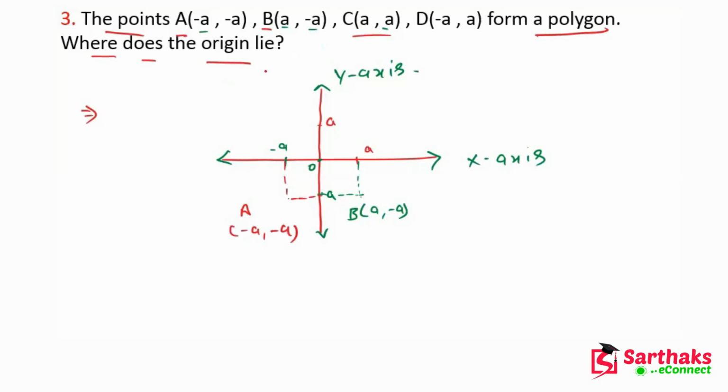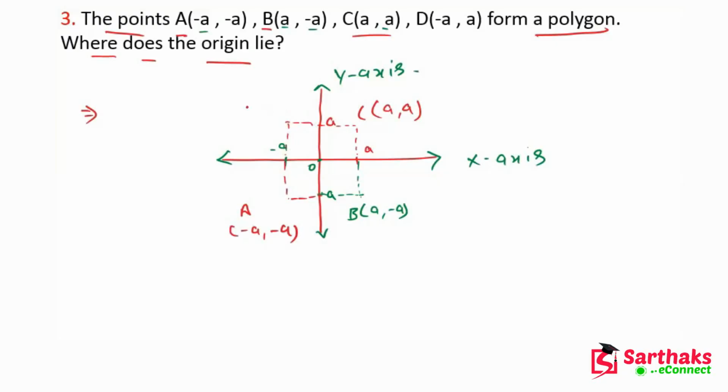Now we have to plot point C, which is in the first quadrant because both coordinates are positive. This is our point C, with coordinates (a, a). Now we have to plot point D. This point lies here.